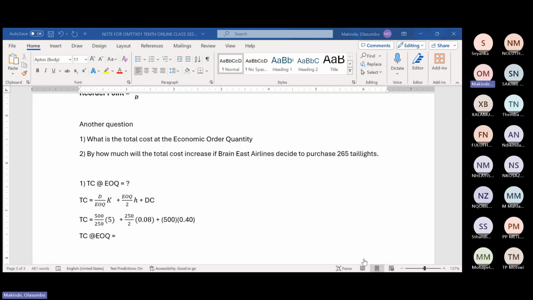If I want to look at how sensitive, I know DC doesn't have a role, so I can remove it. Whether I leave it or remove it, I'll still get the same result. So I'm saying leave the DC there, because when you do the sensitivity analysis, which is the second question, the result will still be the same. But when you work out the total cost, it's good practice to always include the cost of buying the material, because that will give you the overall cost.